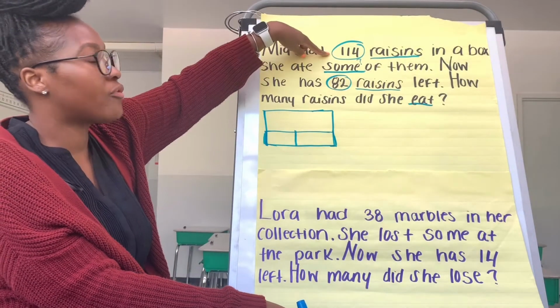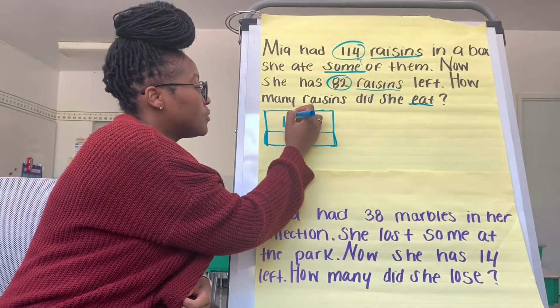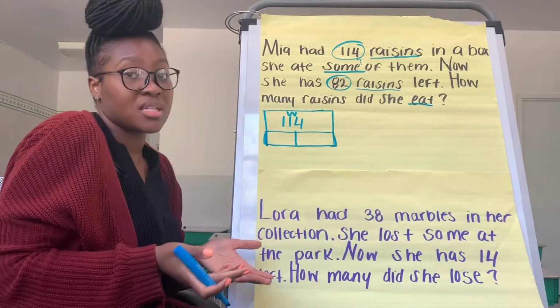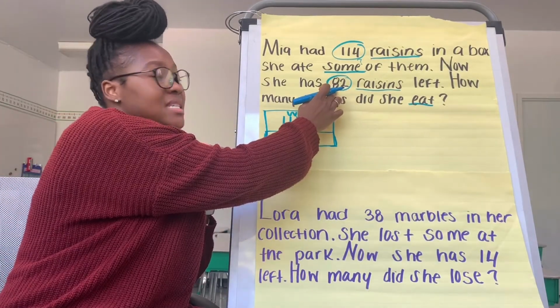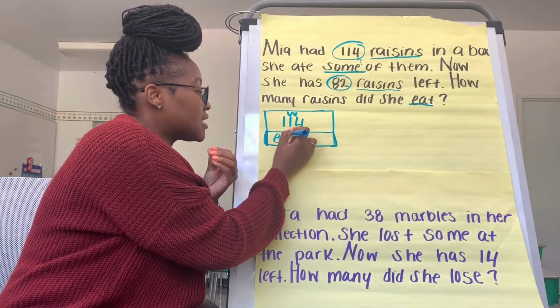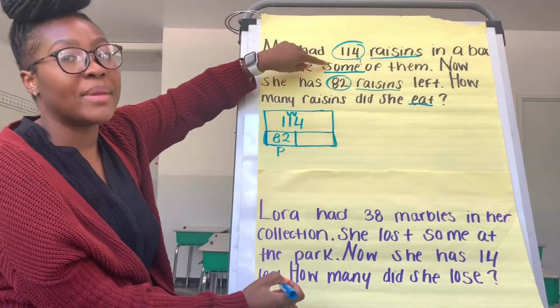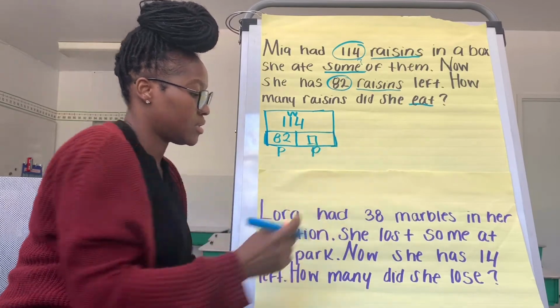She has 114 in a box. So that's gonna represent our whole, because that's how many is in the box altogether. And 82 raisins is how many she had left after she ate them. So that's our part. And we don't know how many she ate, so that's our unknown amount.